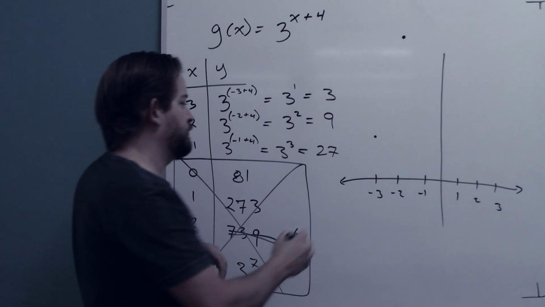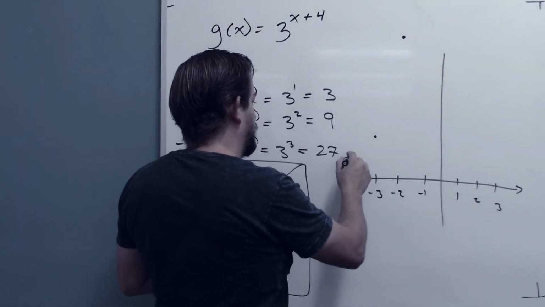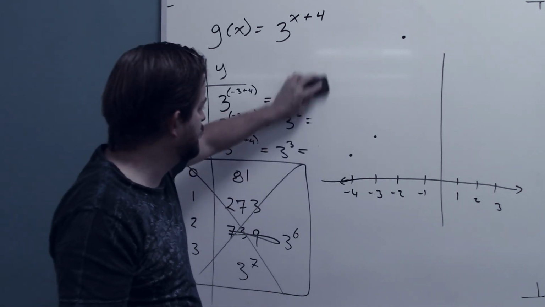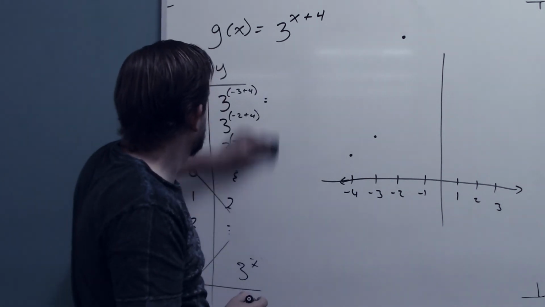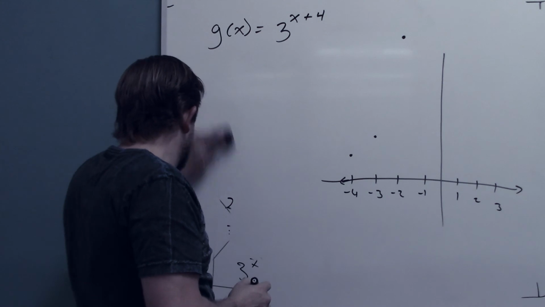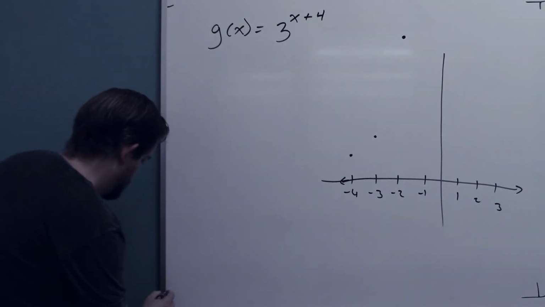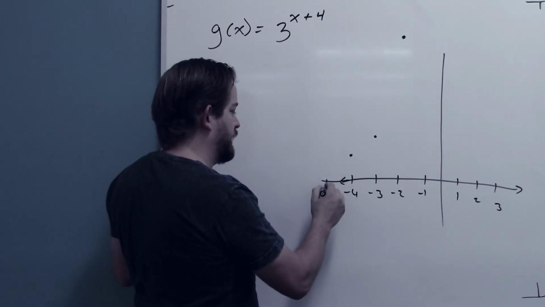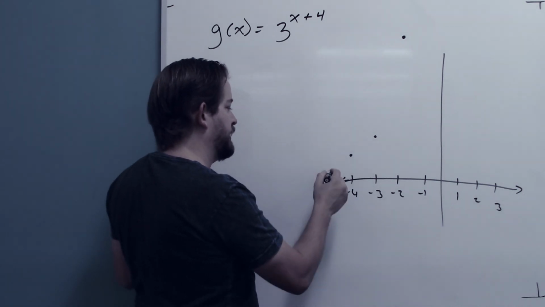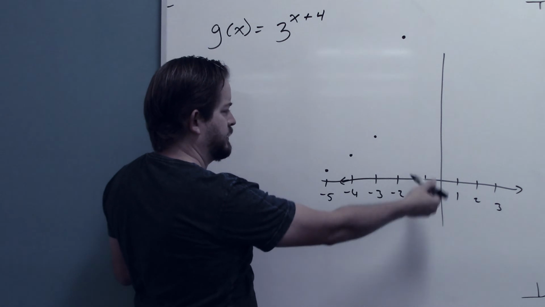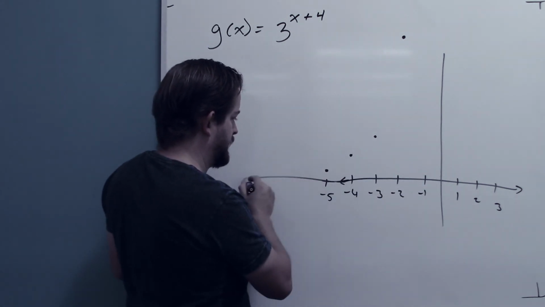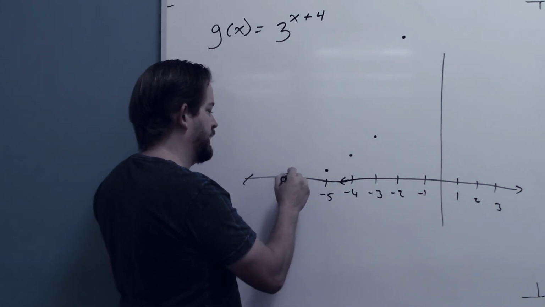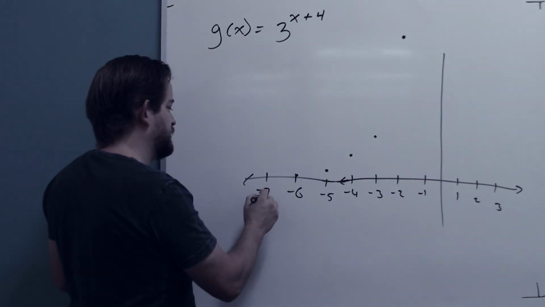So at x is negative 4, I'm at 1, and if negative 5, I should divide that by 3, so I should be at 1/3. It's hard to graph when I can't even get a straight axis here, but I hope you get the point, right? 1/3, 1/9, 1 over 27, and so on and so on.